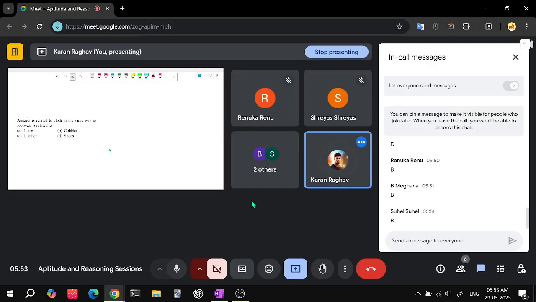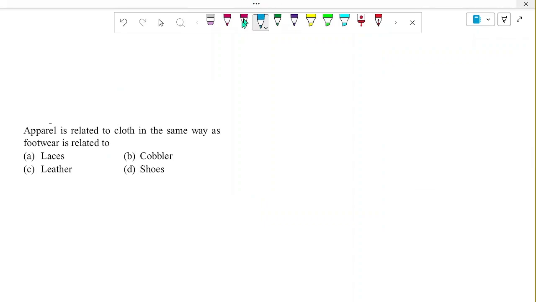Anyone? Okay, here the answer is option C. We'll use leather to make footwear.